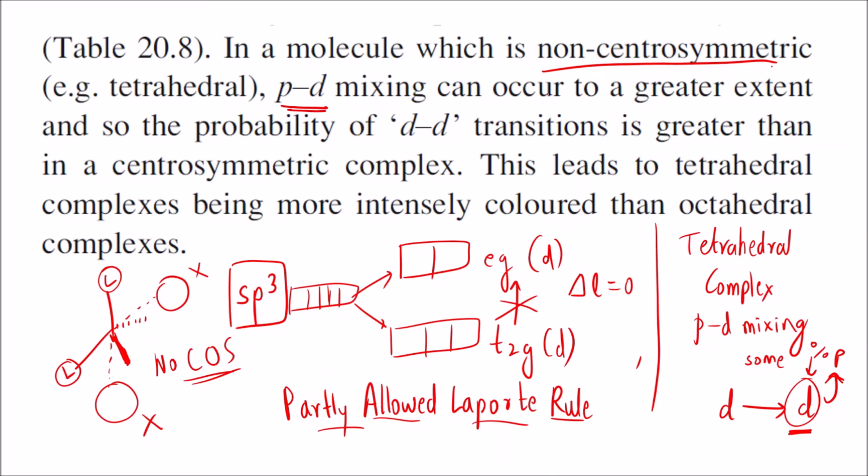There is p-d mixing that can occur to a great extent. We saw just now that d-d transitions are Laporte or symmetry forbidden because delta L is equal to 0. It does not follow the Laporte selection rule.